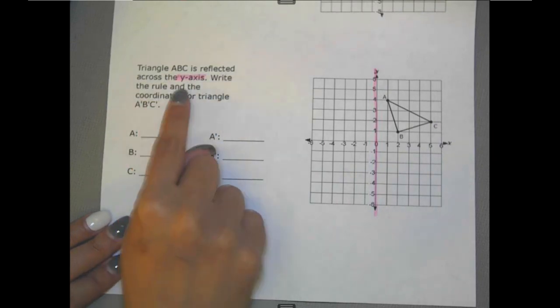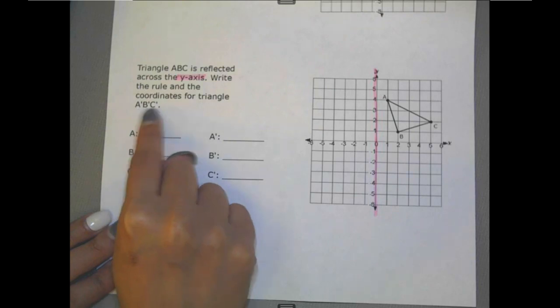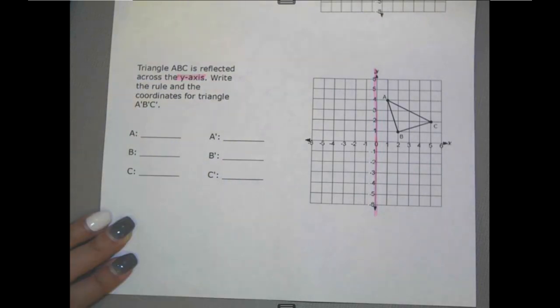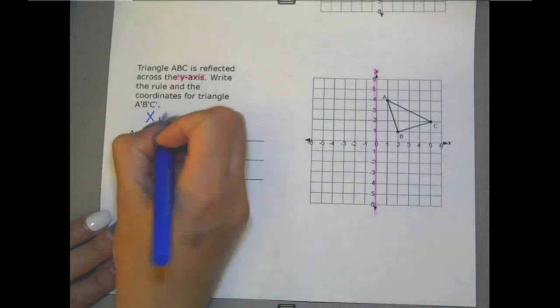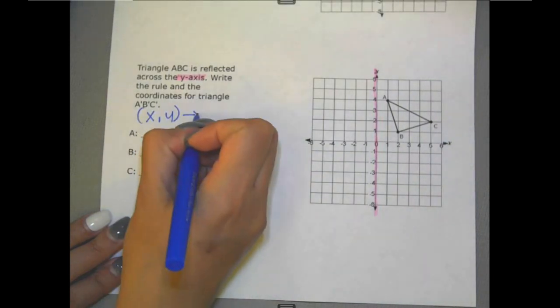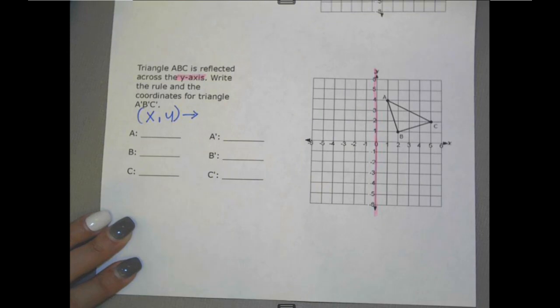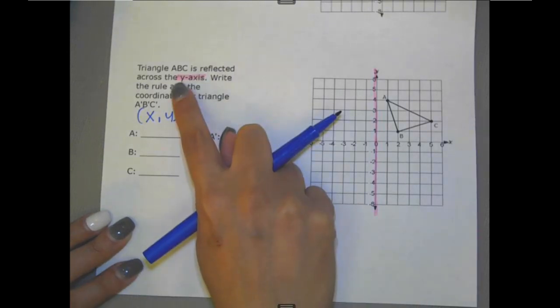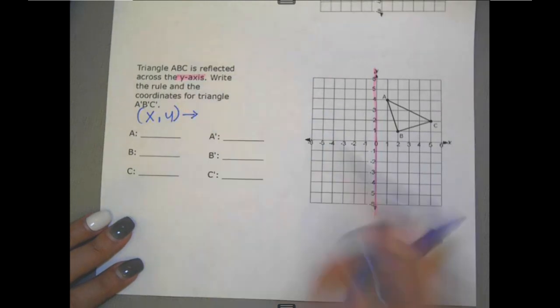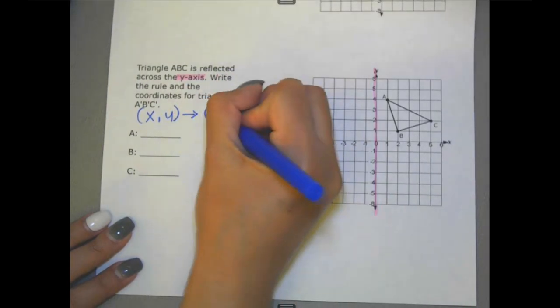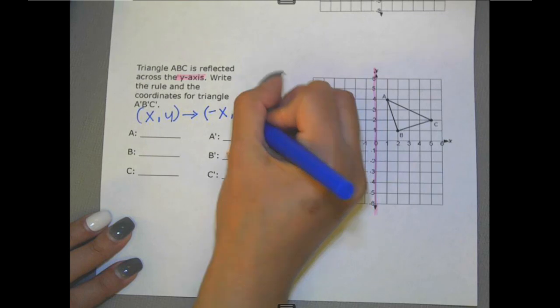Write the rule and the coordinates for triangle A prime, B prime, C prime. So again, my rule is going to start x, comma, y, and I draw my arrow. Now, still reflection, so we want the opposite. So if this is our y-axis, we are going to change our x coordinate. We're going to do the opposite of our x coordinate.